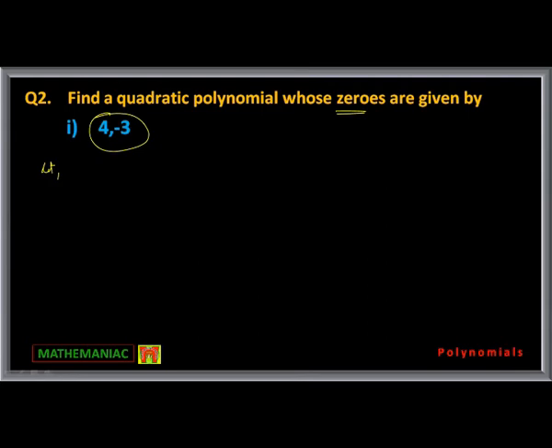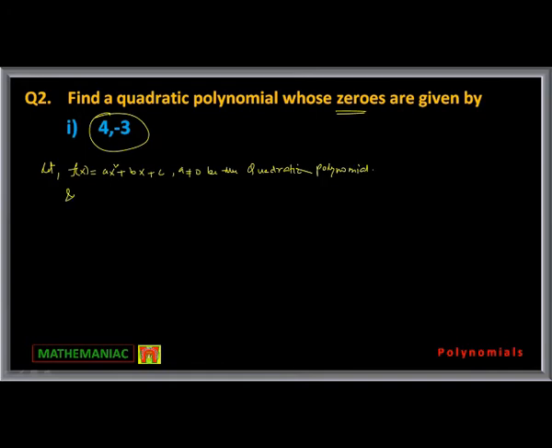As this is a quadratic polynomial, I can start by considering the quadratic polynomial as f(x), and I'll use the standard form. Let this be the required quadratic polynomial, right?